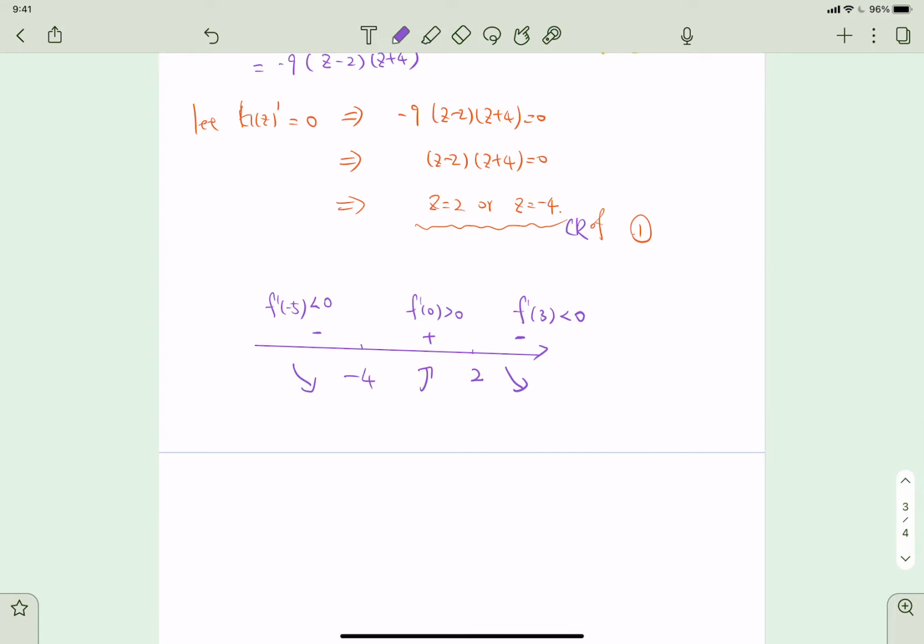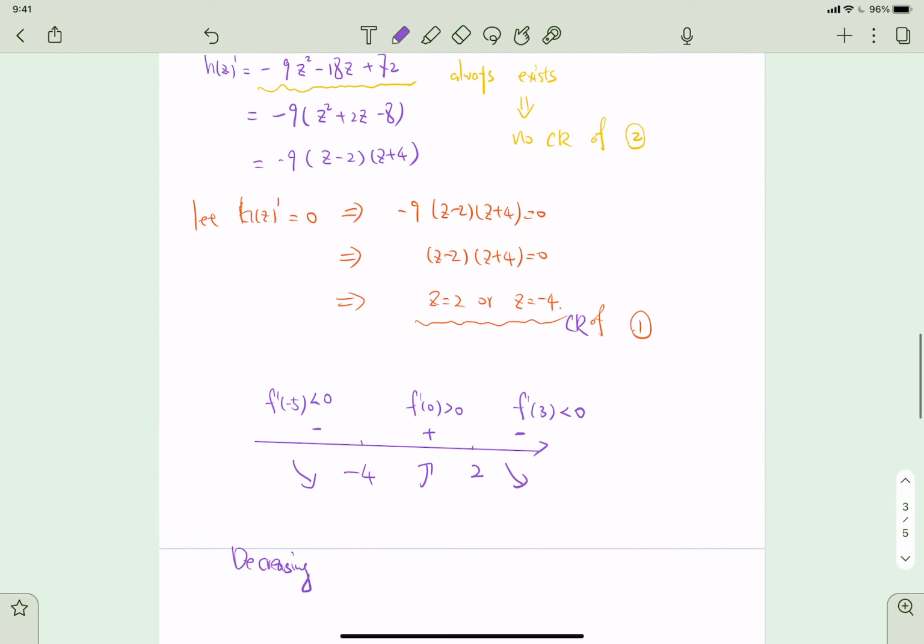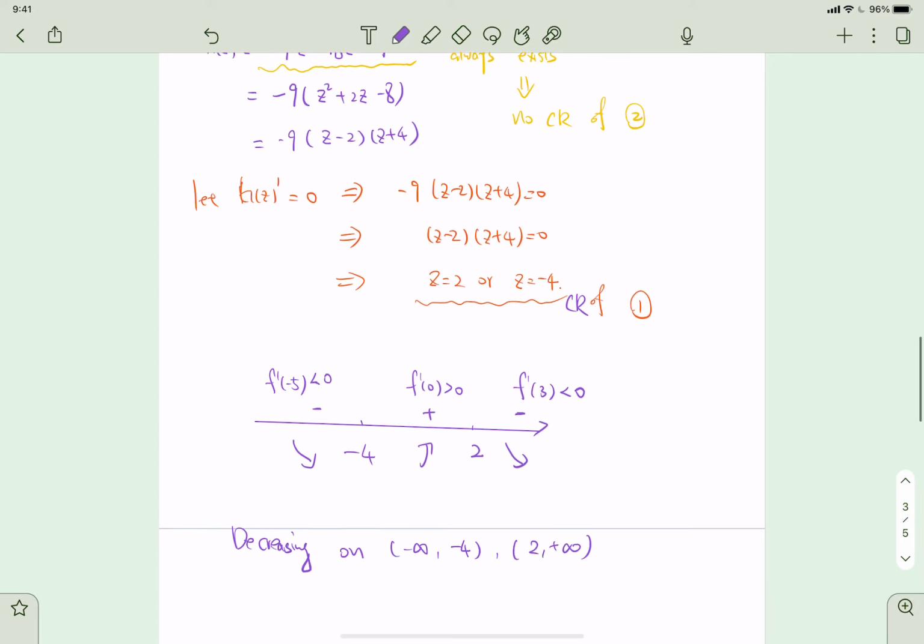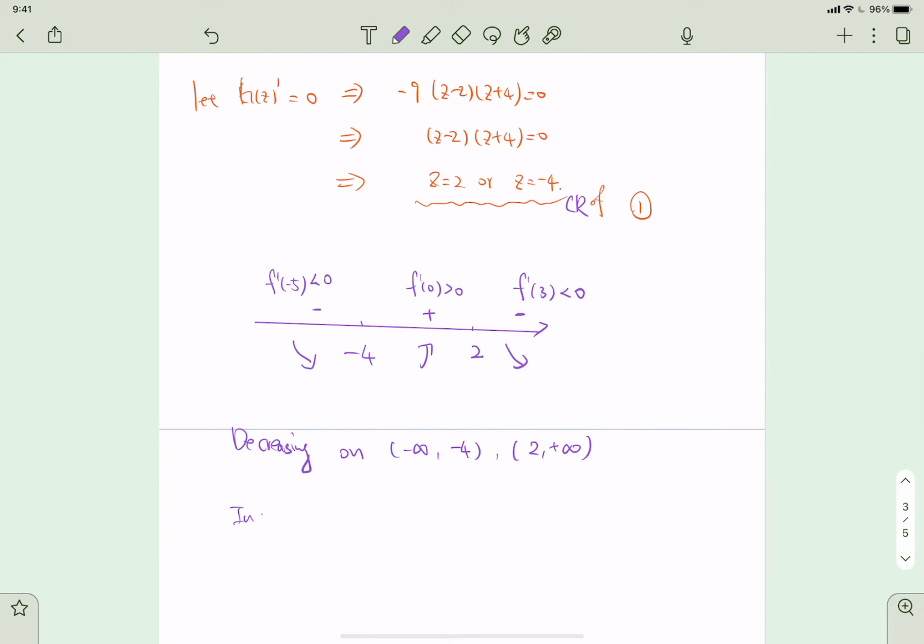So the function is decreasing on negative infinity to -4 and from 2 to positive infinity, but increasing on this.